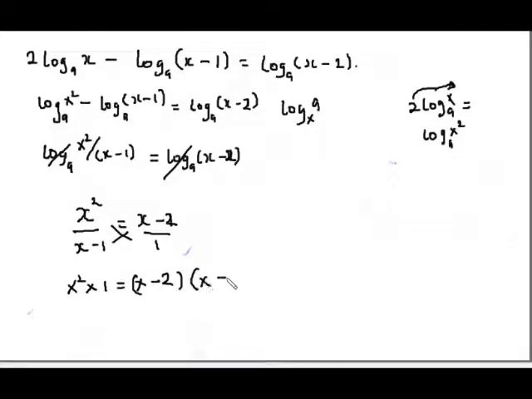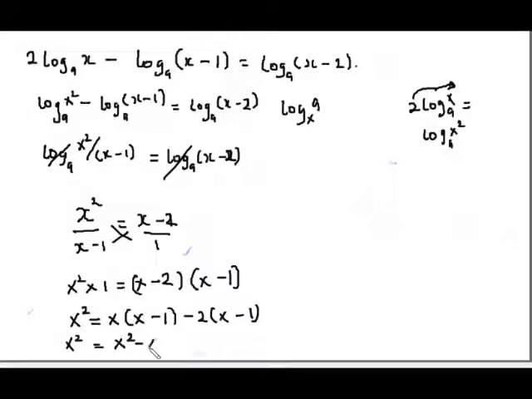So that x squared times 1 is x squared, which is equal to x times x. Let me expand the bracket. So this becomes x minus 1, and then this becomes minus 2 times x minus 1. So x squared equals x times x is x squared, x times 1 minus 1 is minus x.